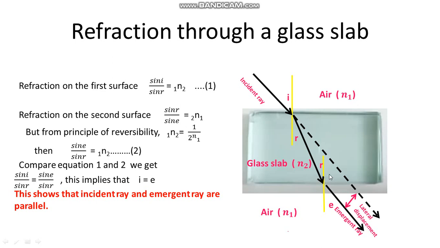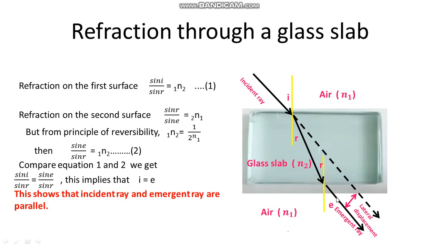Next, see this lateral displacement. When the thickness of the glass slab increases, what happens? Lateral displacement also increases. So lateral displacement depends upon what factors? First, the thickness of the glass slab. Next, if the angle of incidence increases, then lateral displacement also increases.